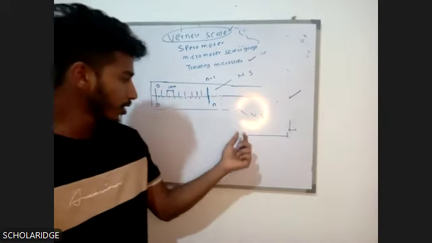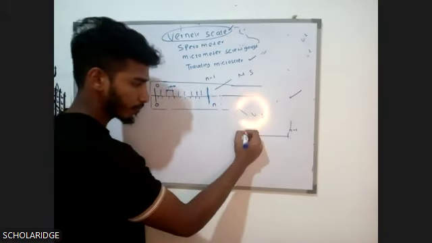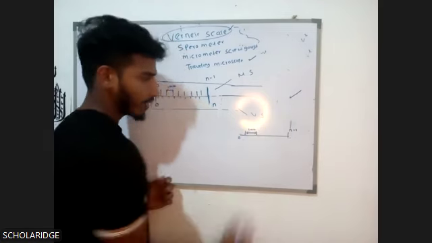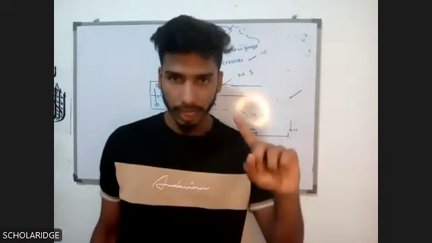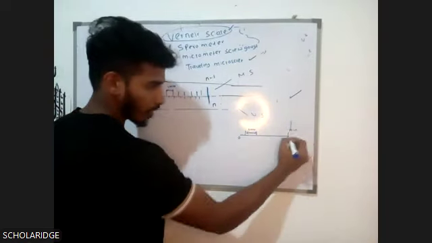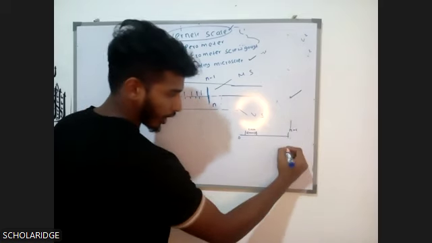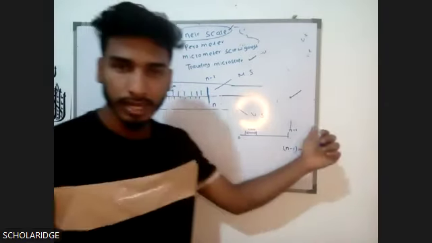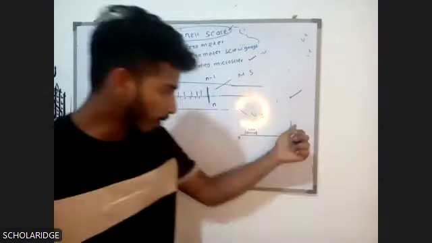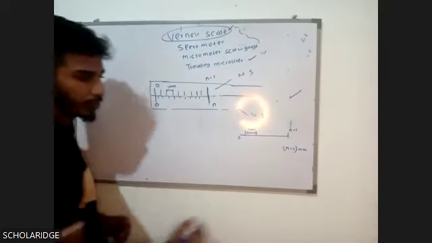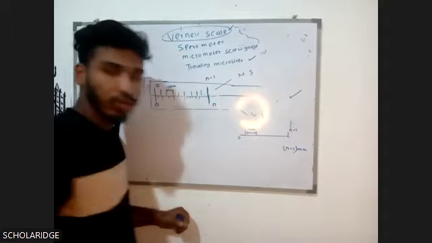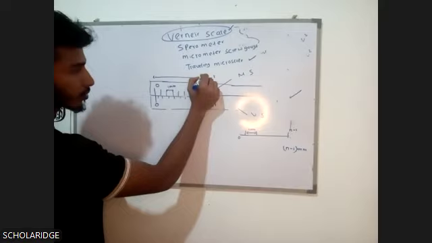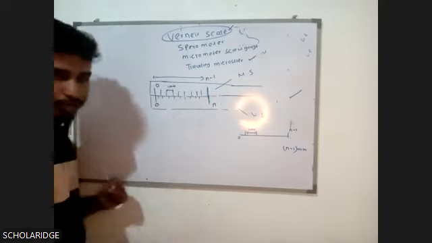Now we know that there is a 1 millimeter gap between every division. So we have n minus 1 divisions, so the length has to be n minus 1 millimeters. Whatever the value of n minus 1 is, into 1 millimeter will be the measurement along this point.